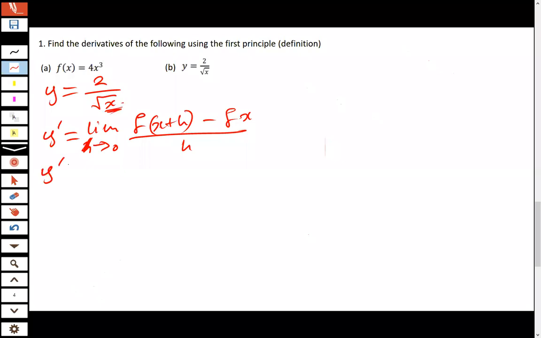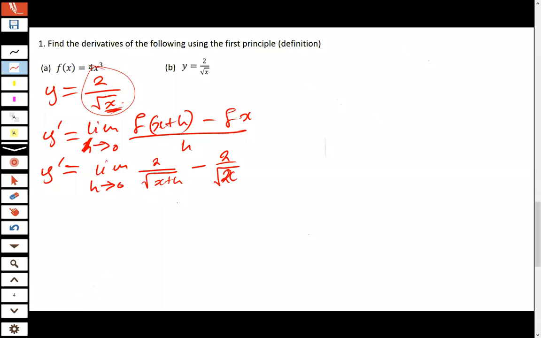So to find y prime, we're going to have the limit as h approaches 0 of 2 over, where there is x there, I'm going to put x plus h. Then we subtract the original function, which is 2 over the root of x.